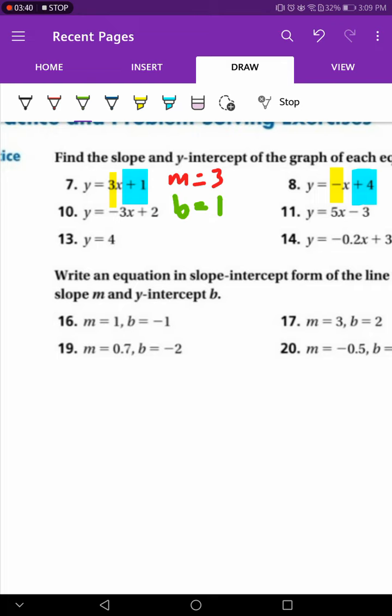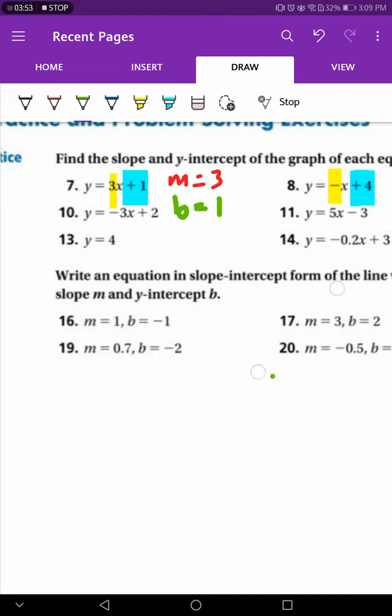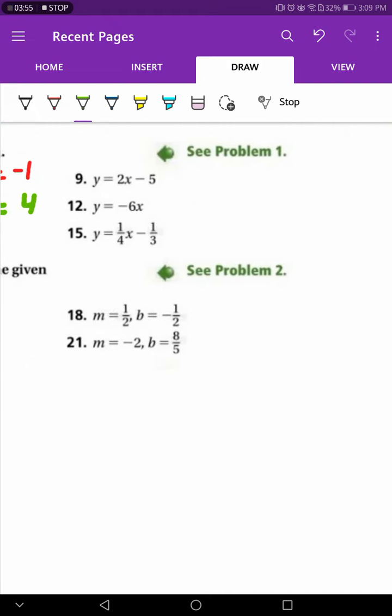So from any linear equation written in slope-intercept form, I can pick the m, which is the slope, and the b, which is the y-intercept. Let's move to number 9. Here, yes, the m is 2 and the b is negative 5. So we write m equal 2 and b equal negative 5.